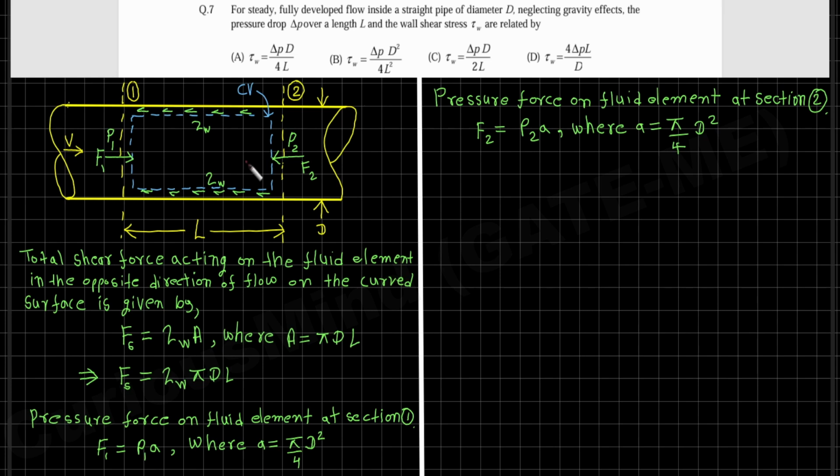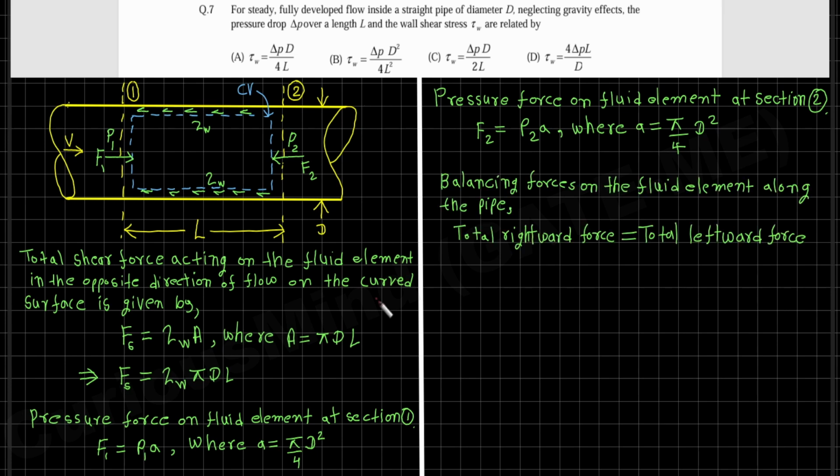To balance the forces, we would equate the sum of the leftward forces that act on this fluid element with the sum of the rightward forces, and write the force balancing equation, balancing forces on the fluid element along the pipe.